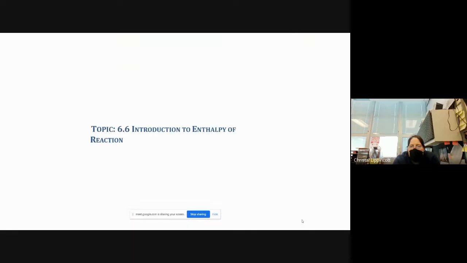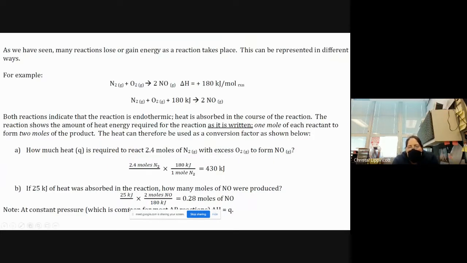Okay. So we're moving on to enthalpy of the reaction here. We've got reactions that can gain or lose energy as a reaction takes place. You can represent that in different ways. And you guys have seen this at the end of some of your problems before.